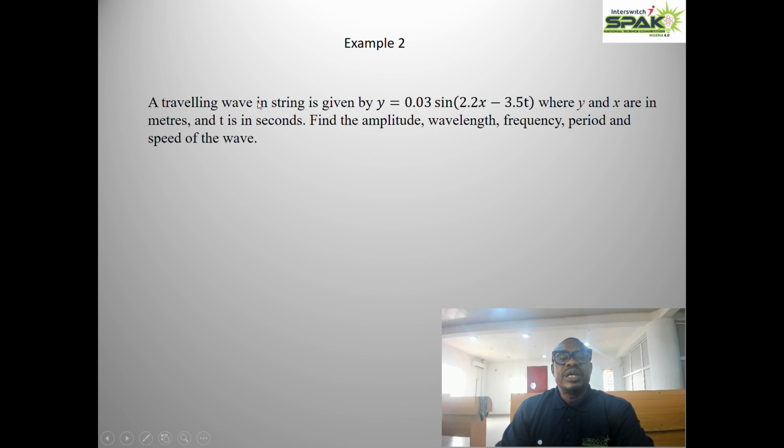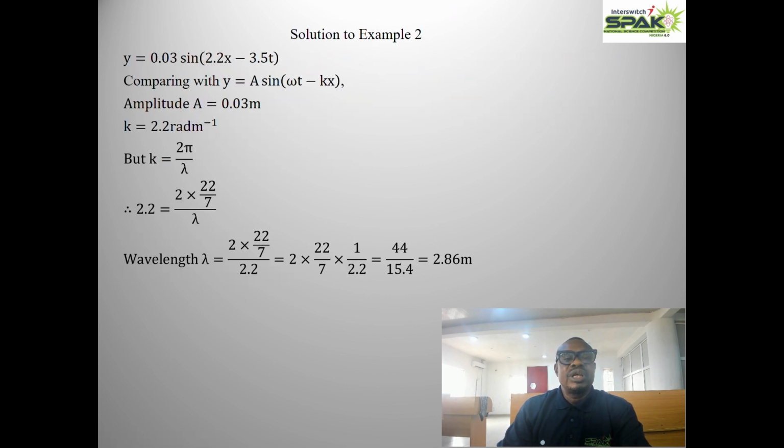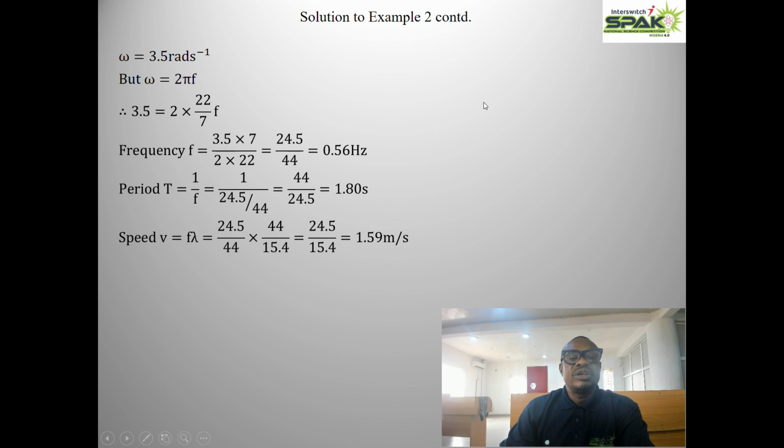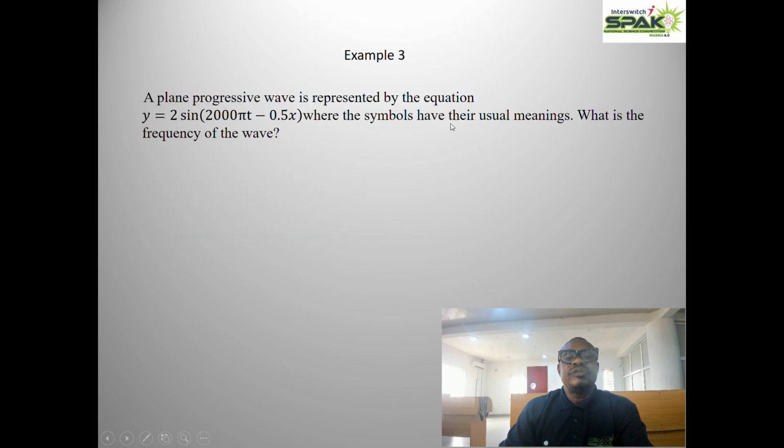A traveling wave in a string is given by y equals 0.03 sine 2.2x. I hope I've not done this question. Okay, I've treated this question. We've treated that question. Okay, this is the continuation of this. Okay, all right. So this is the next one.